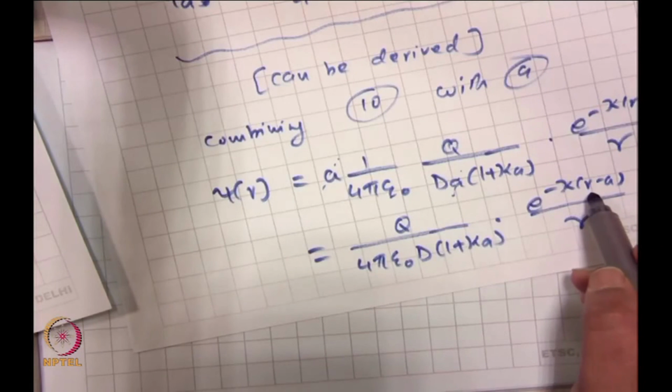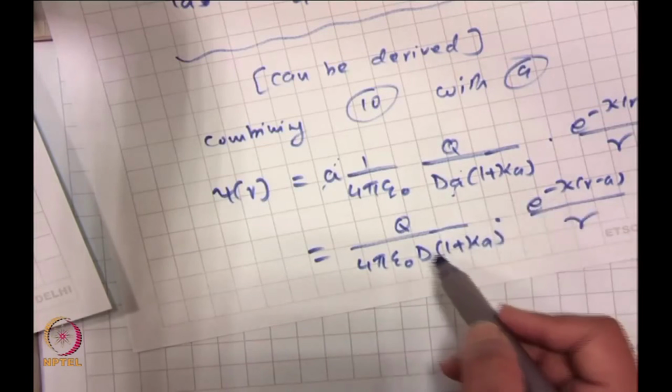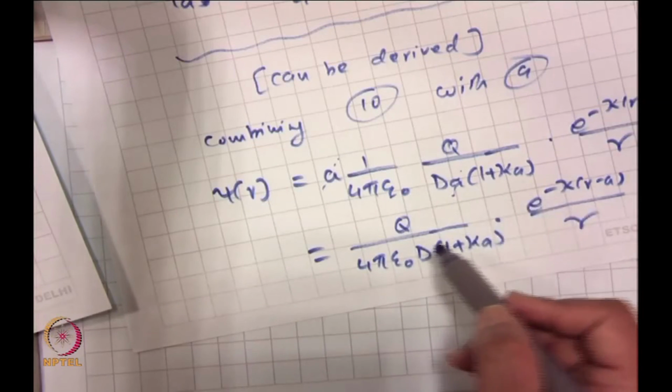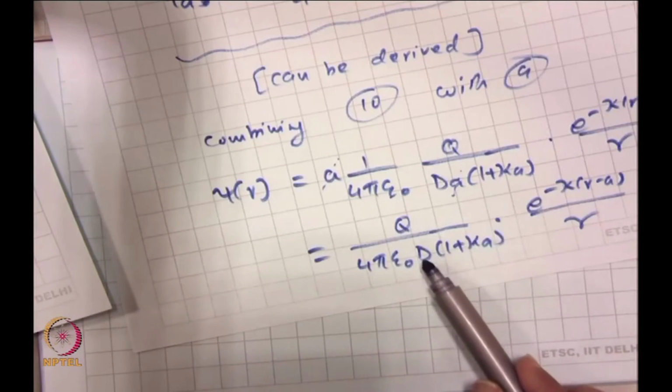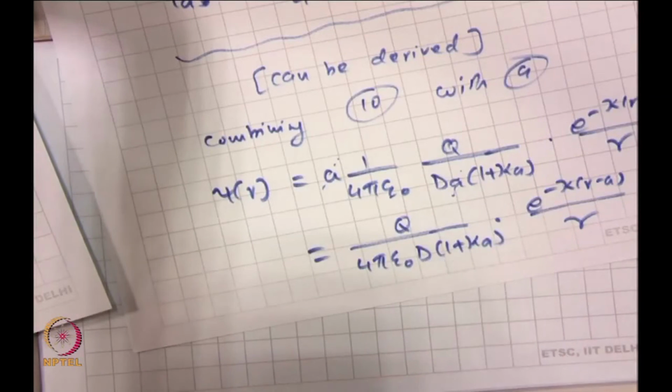You have two things, one is that exponential term which we discussed before, and the other one, we are not looking at psi of A, it is a screening, because along with the dielectric constant you also have another term, that means the dielectric constant essentially is getting multiplied by a factor which is 1 plus kappa A. So, it is not only the dielectric constant which is screening the two charges from each other, it is also the intervening salt solution which is coming in and playing its role.